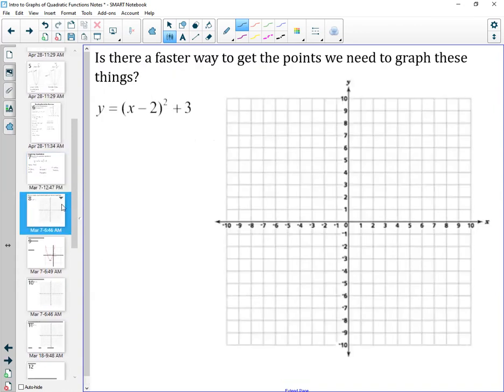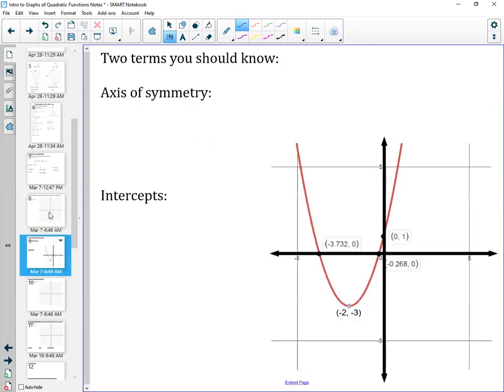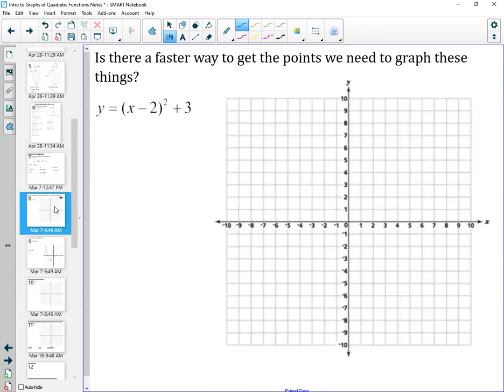So we're basically going to try and do at least 5 points to graph all these things. So the answer to this question, is there a faster way to get the points we need? Yes, I'm going to talk about this in the next video.